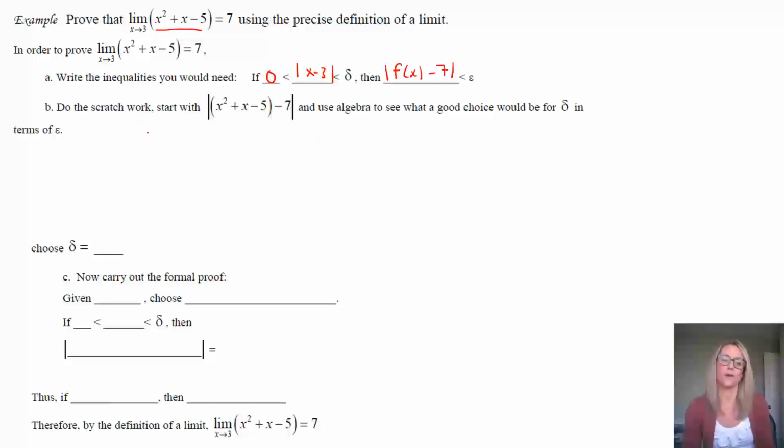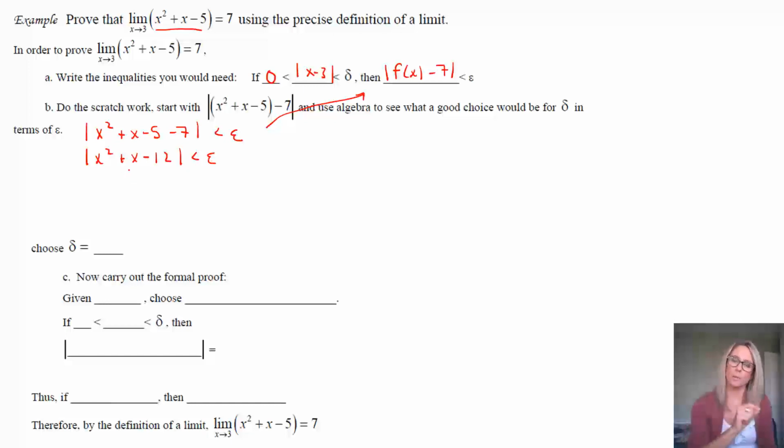This is where things change just a little bit, but as you can see, it's still very similar. We take x squared plus x minus 5 minus 7, and we want that to be less than epsilon. That's our goal here. And we have x squared plus x minus 12.